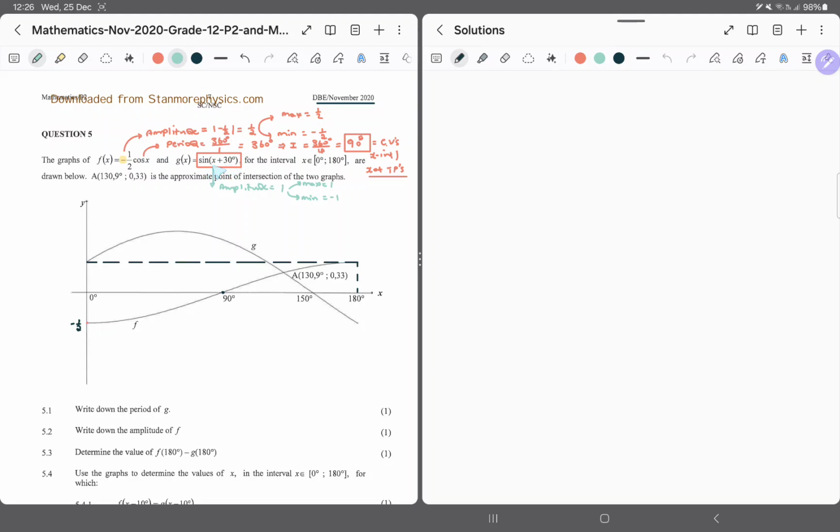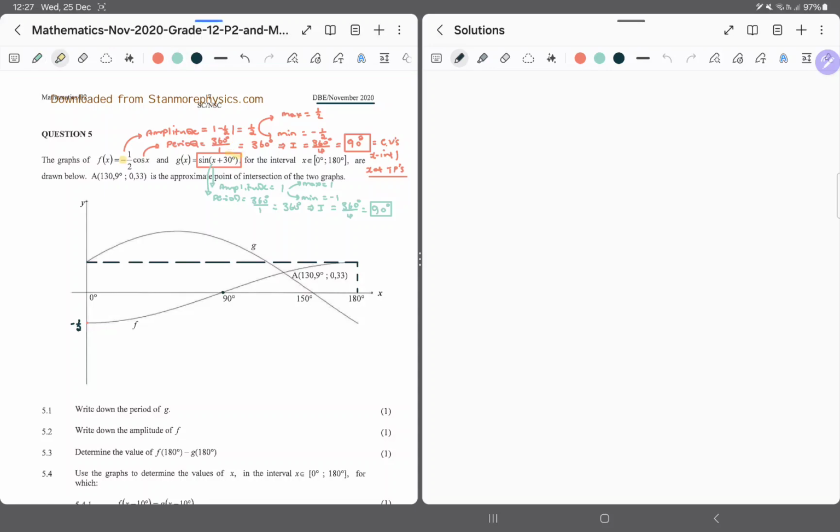Again, we can see that the coefficient of the angle is 1, so it means our period is 360 degrees divided by 1, which gives us 360 degrees. And then if we work out our intervals, we will get 360 degrees divided by 4, which gives us 90 degrees. We can see clearly that this one also has intervals of 90 degrees between critical values.